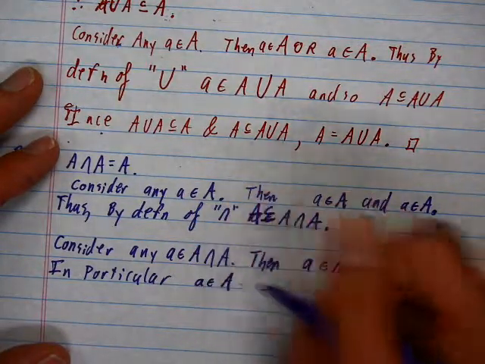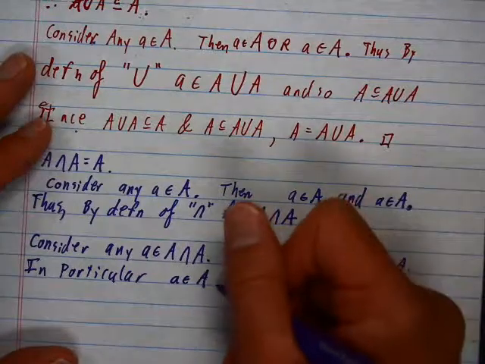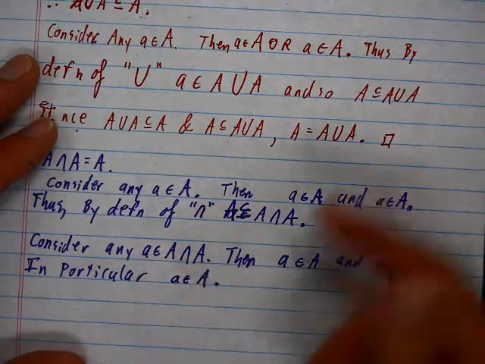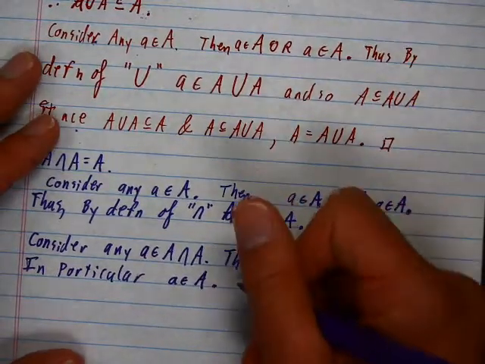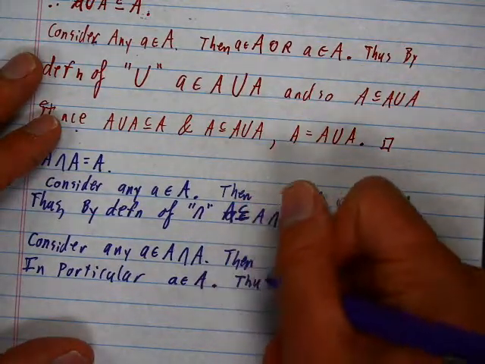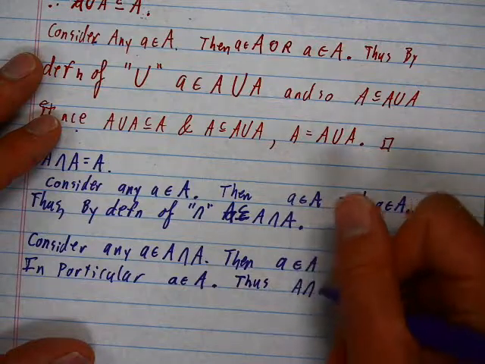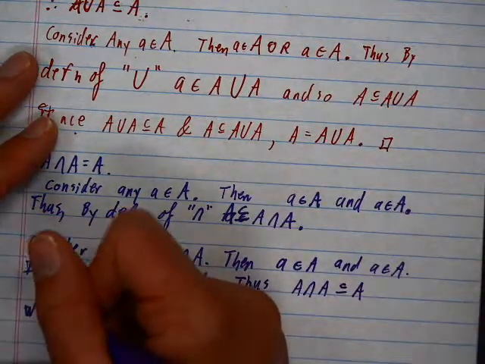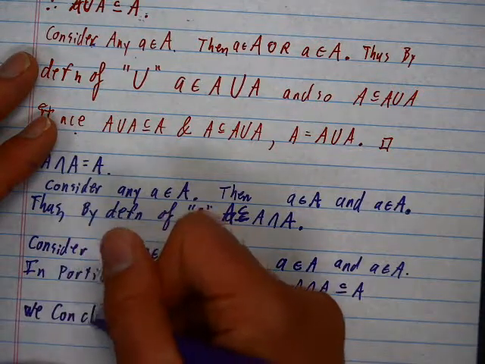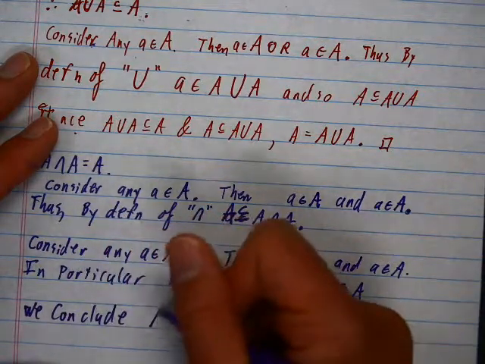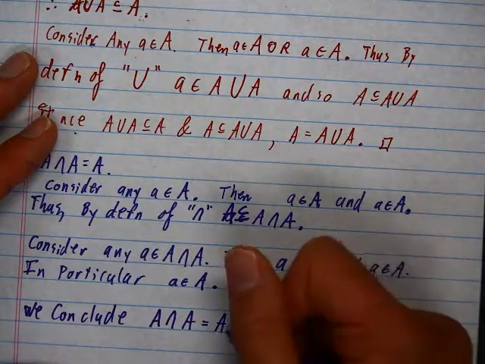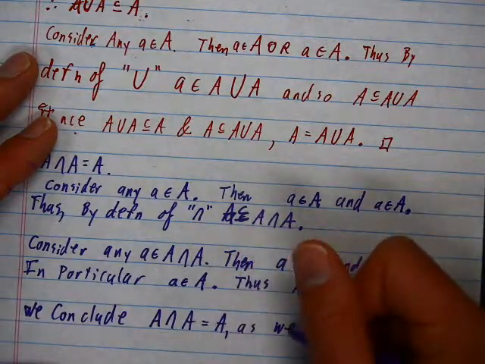So, just writing down one of those, in particular then, little a is in big A. Hey, wait, but we just started with the assumption that a is in the intersection and showed that a is in A. Cool. Thus, A intersect A is contained in A, and we conclude A intersect A is equal to A as we claimed.